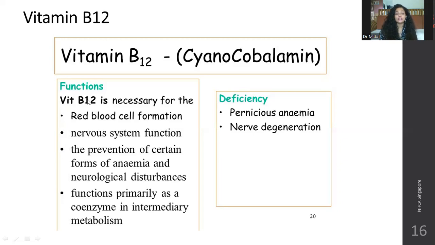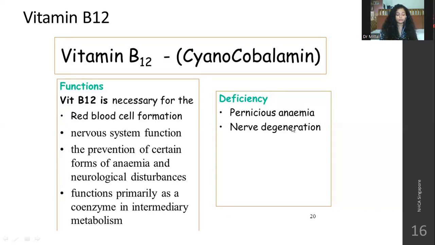It functions primarily as a coenzyme in intermediary metabolism, acting as a catalyst to complete the metabolism of carbohydrates, proteins and fats. Deficiency will definitely lead to pernicious anemia and nerve degeneration as well.